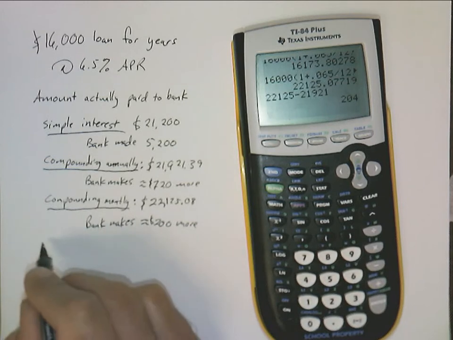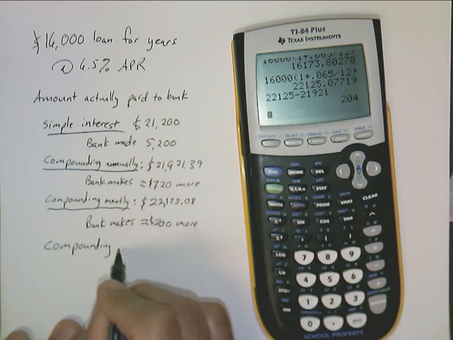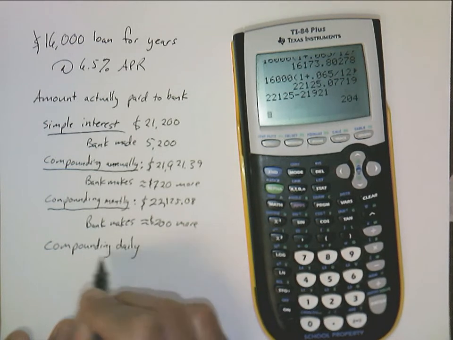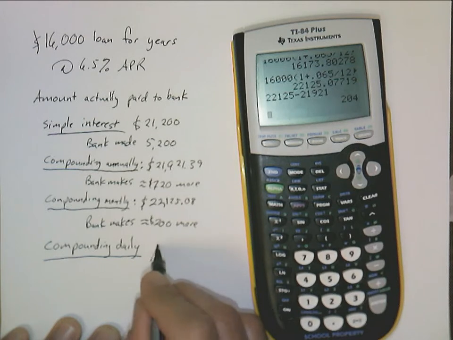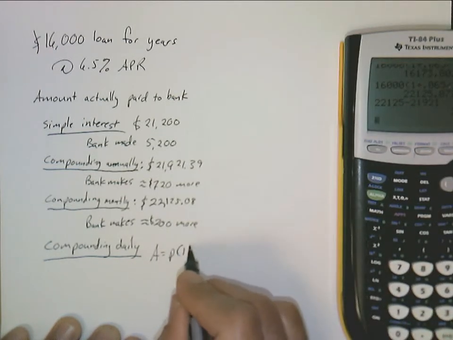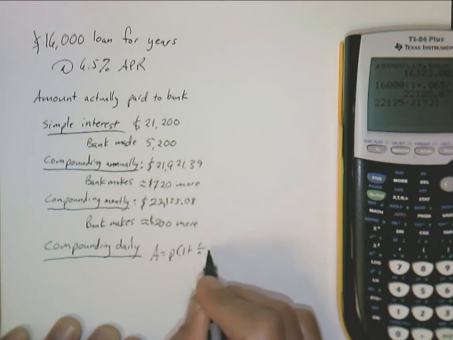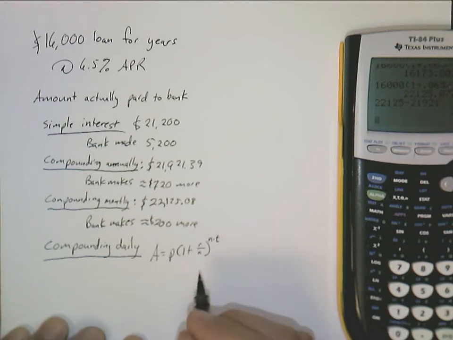Let's try one more here. So if we're compounding, how about daily? Yeah, they can do that. So the formula, A is equal to the principal times 1 plus the rate divided by the number of compounding periods per year, to the power of the number of compounding periods per year times the number of years.